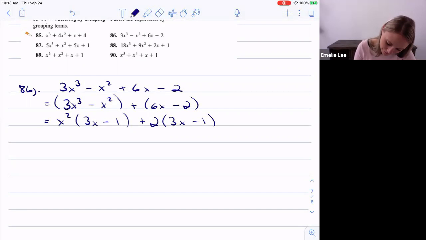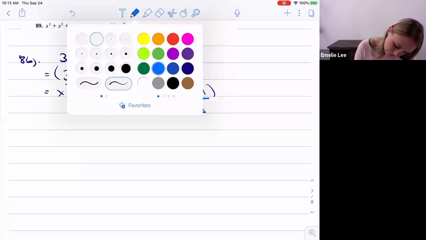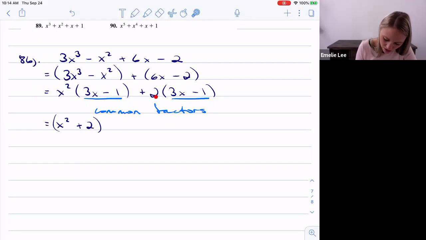Convenient. These are now common factors. So what I end up having is x squared plus 2, pulling out the x squared and 2, and then I've got a common factor of 3x minus 1.